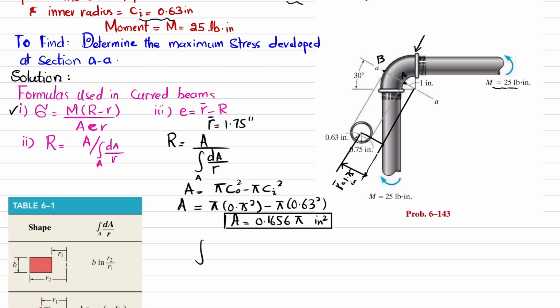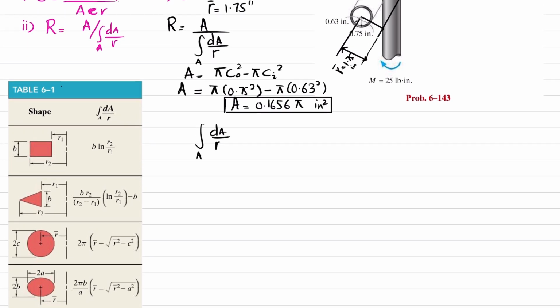Now what about this term, integral of dA over r for the entire area? For that we will take the help of Table 6.1, where in one column you have the shape and in another column you have the formula for the integral of dA over r for the entire area. As we have a circle, this is a solid circle having integral of dA over r equal to 2 pi times (r dash minus square root of r dash squared minus c squared).